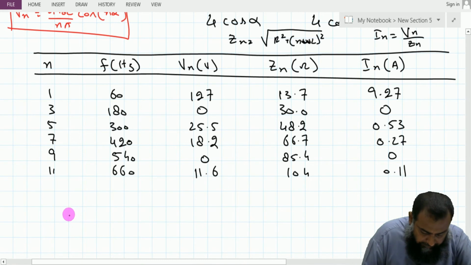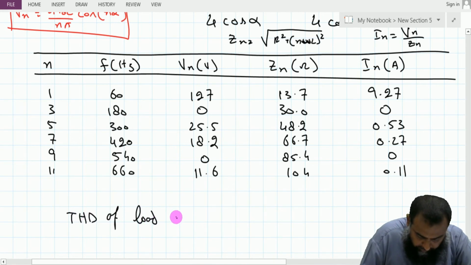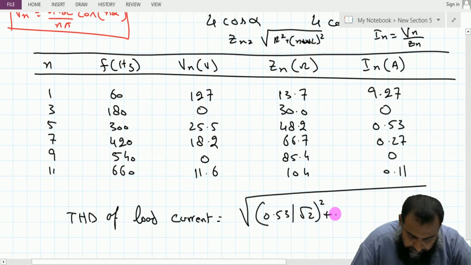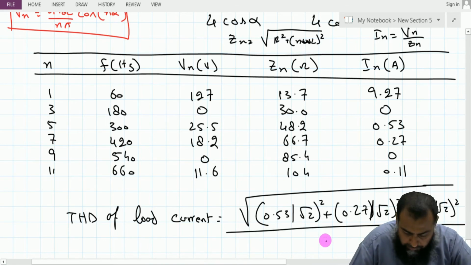So the THD of the load current can be calculated as the square root of 0.53 divided by root 2 whole square plus 0.27 divided by root 2 whole square plus 0.11 divided by root 2 whole square, divided by the fundamental component, the RMS value of the fundamental component.